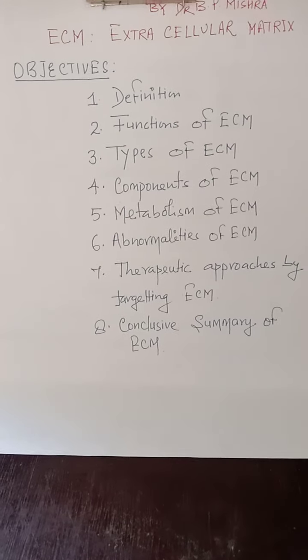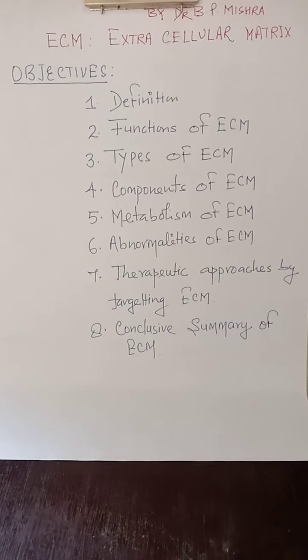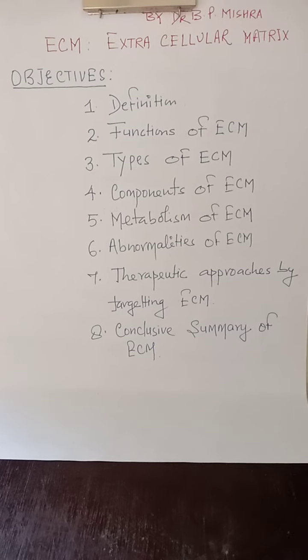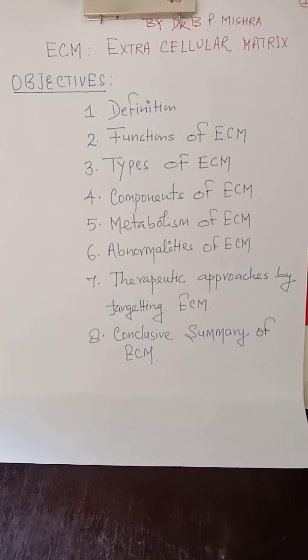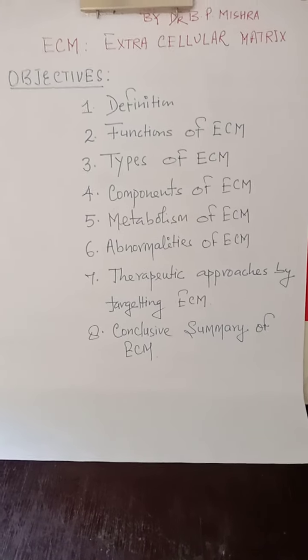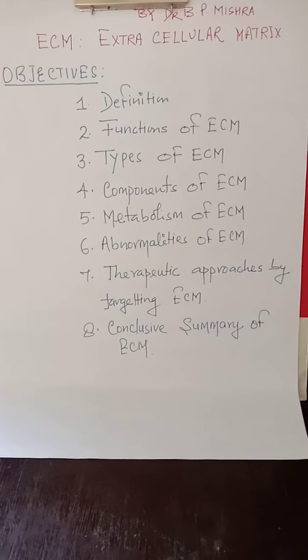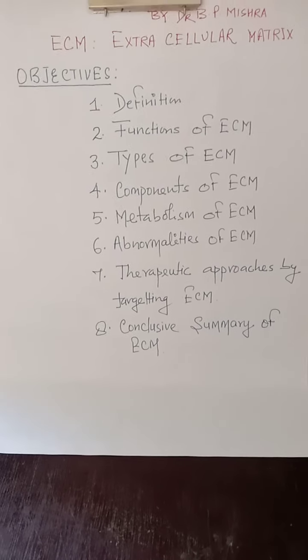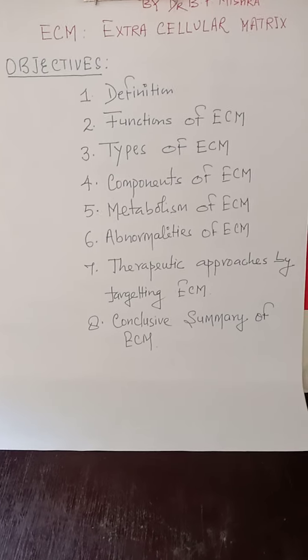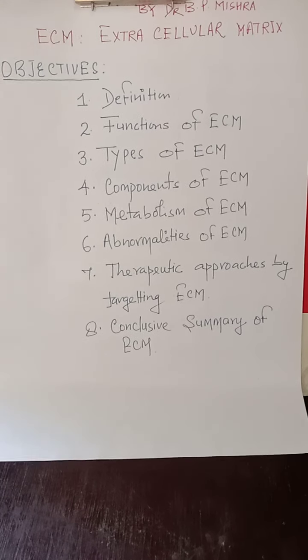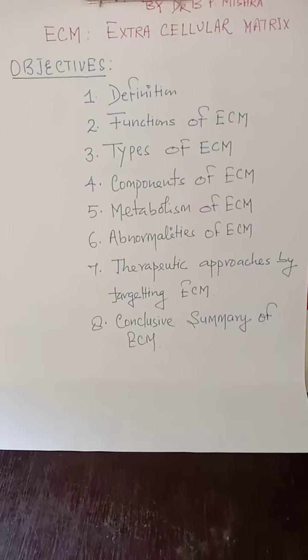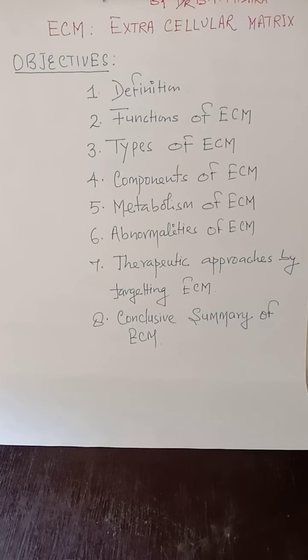As we know, tissues are made up of so many cells, and one particular tissue is connective tissue. By name it is clear, the tissues responsible for connection are referred to as connective tissues. So extracellular matrix is mainly the connective tissues.